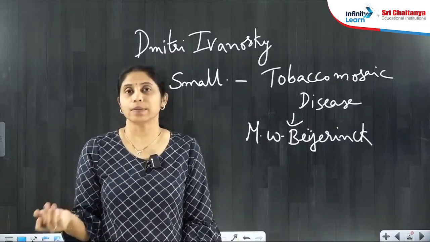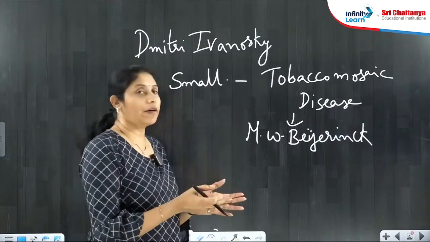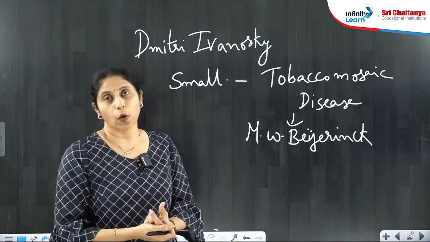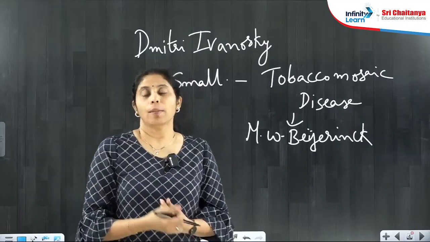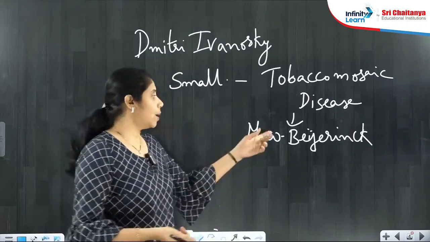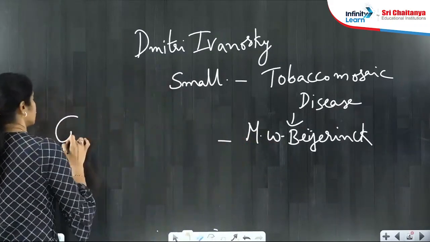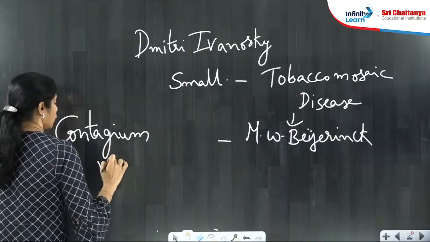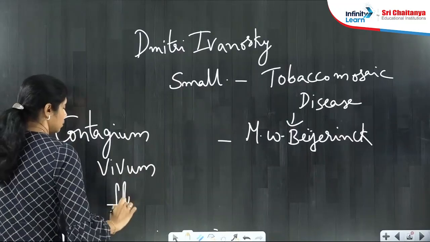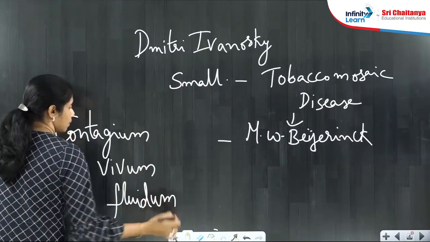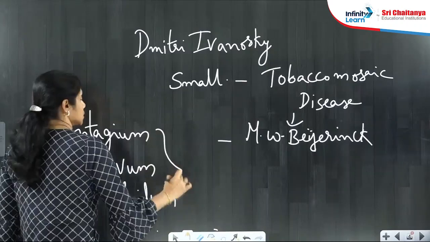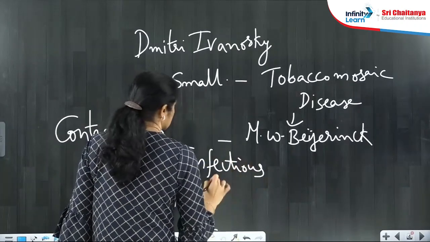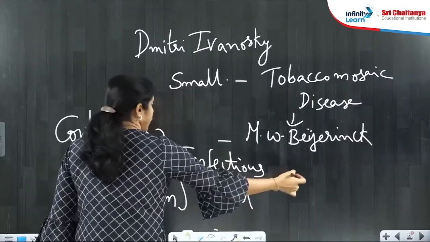That also showed the same symptoms. So he identified that the disease is caused by a particular virus named TMV, tobacco mosaic virus. Later that infectious fluid was called by Beijerinck contagium vivum fluidum, nothing but infectious fluid, and he gave the name virus for that.